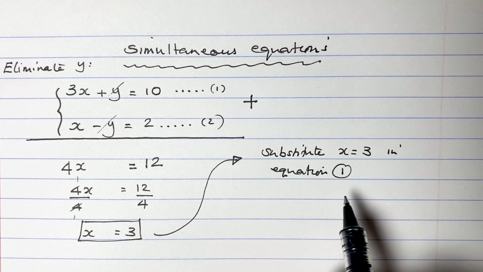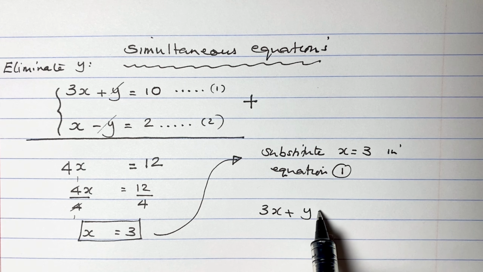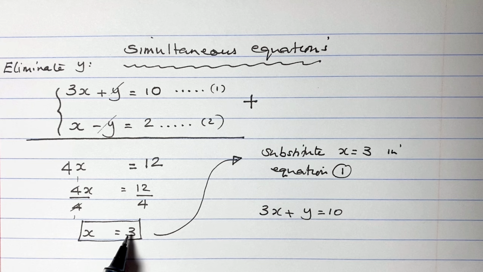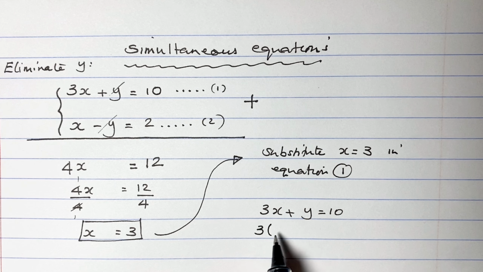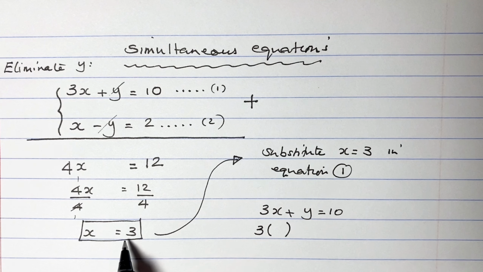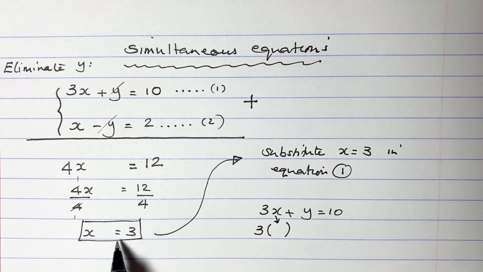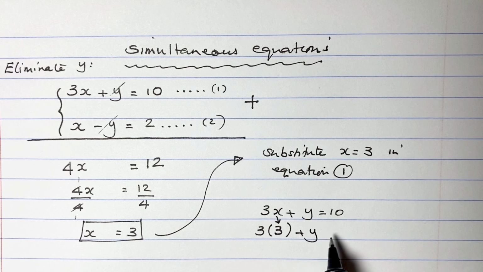It doesn't matter which one. We write equation 1, and we substitute x equals 3. To substitute, you replace the letter with that number. That's called substitution. But x we found numerically to be 3, plus y equals 10.